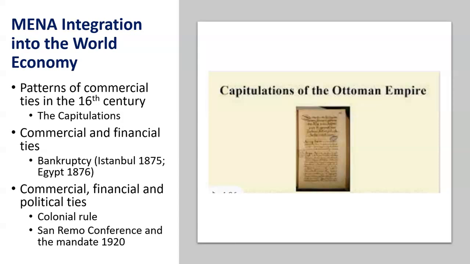Because of this bankruptcy, these countries had to borrow loans from European countries, basically England and France, and this put them into financial trouble and gave these European countries space to intervene in their internal affairs by hiring economic advisors in the cabinet, basically in Egypt.